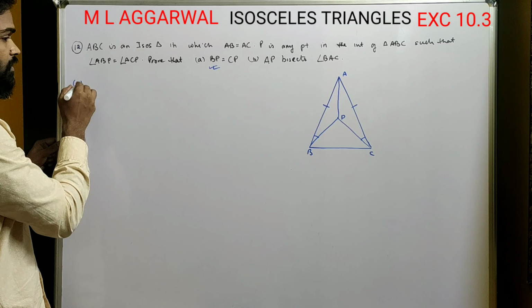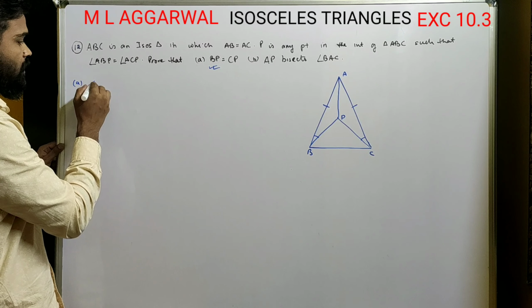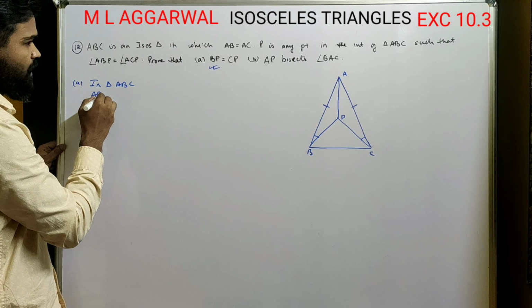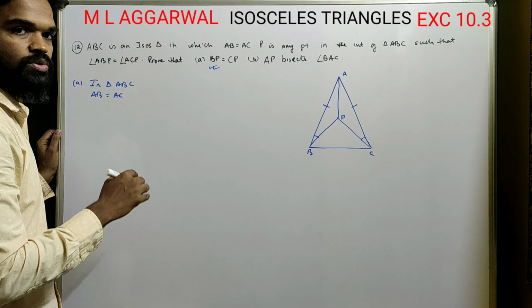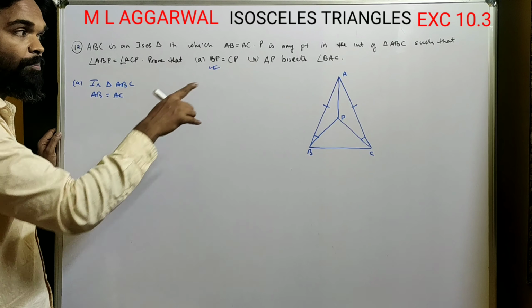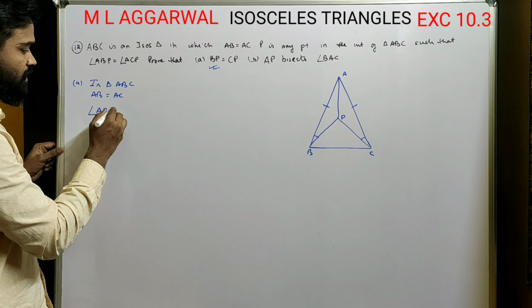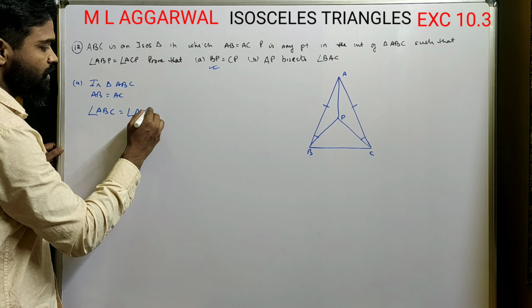First of all, look at the first part. In triangle ABC, AB is equal to AC. These two sides are equal, which means the angles opposite to these two sides will be equal, which means can I write angle ABC is equal to angle ACB.